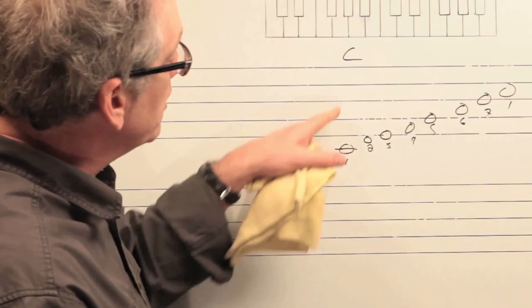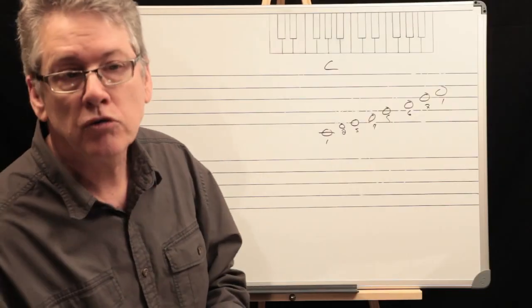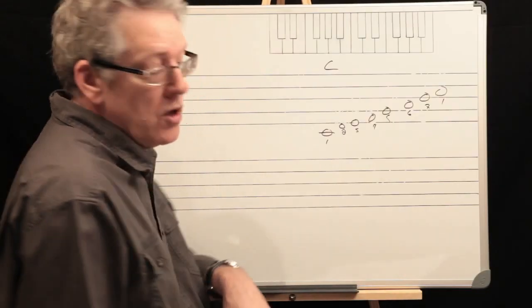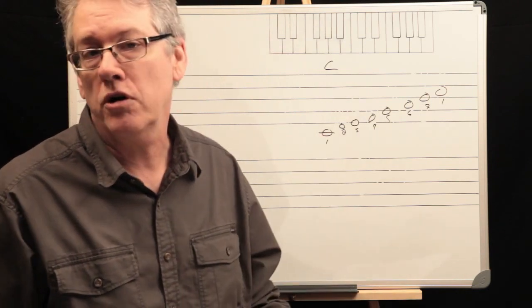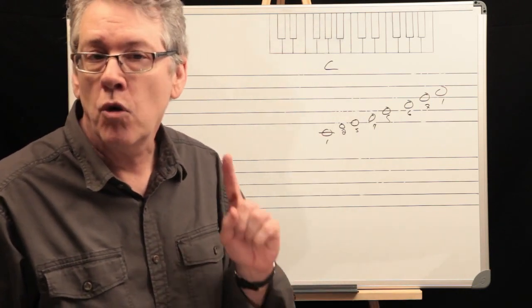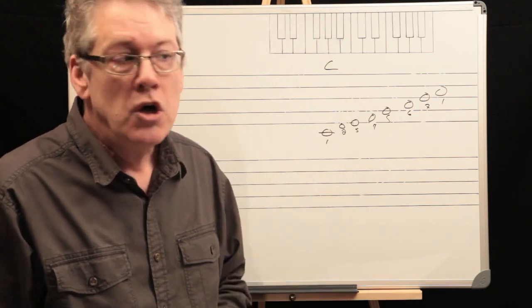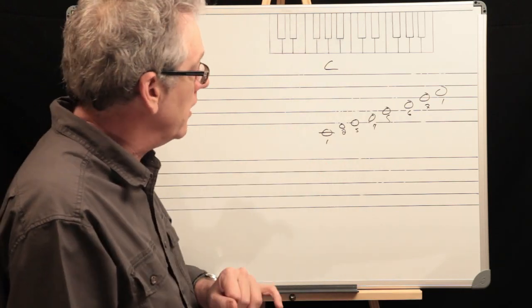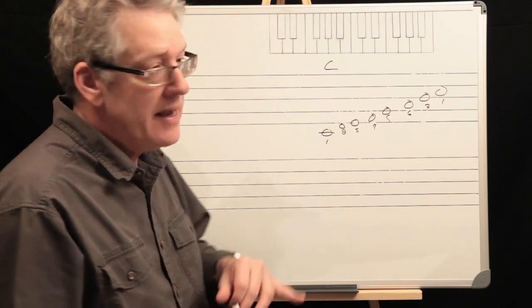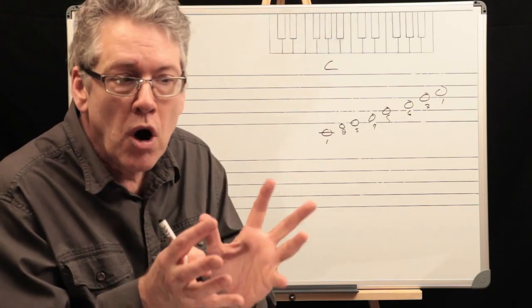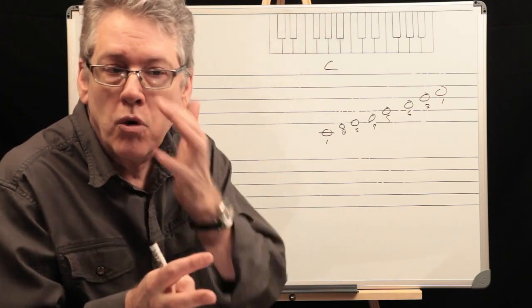So off of each one of these notes, we can build a chord. The most important chord is the 1 chord, and that's the chord built off the first degree of the scale.